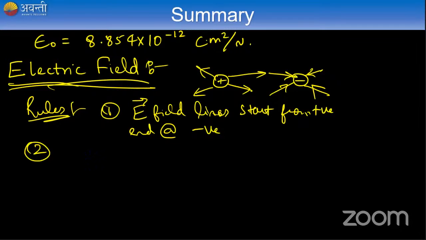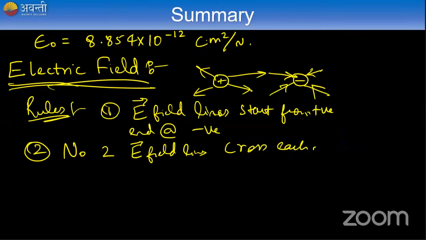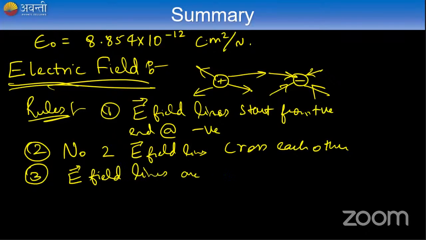What was the second rule for electric field lines? No two electric field lines cross each other. Third rule: electric field lines are continuous in a charge free region.